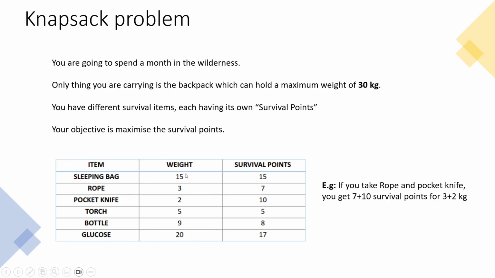But you can take, for example, a sleeping bag as well as a torch. If you take a sleeping bag, which is 15 survival points, and a torch, which is 5, that makes 20. It's a good idea to take these two items because their survival point is 20, while if you just take glucose, its survival point is 17. So that's the optimization problem we will be trying to solve.